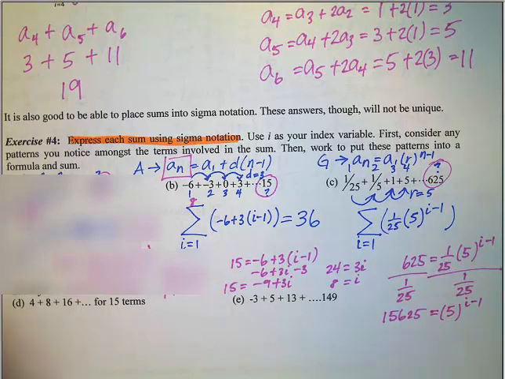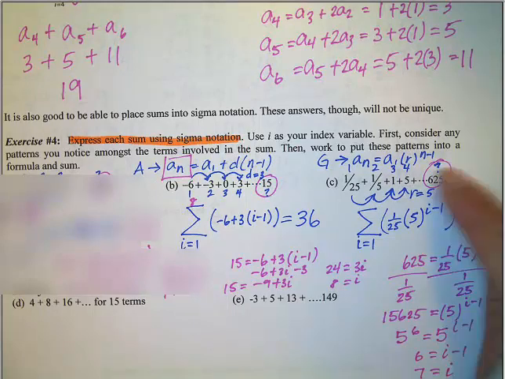So now I need to make like bases. So 5 to the 6th power equals 15,625 equals 5 to the I minus 1. Bases are alike, so 6 equals I minus 1. So 7 is my value of I. So 625 is the 7th term. So I put a 7 up there.